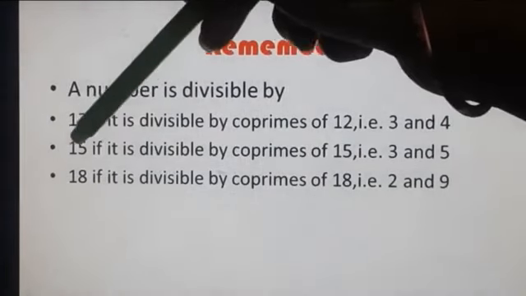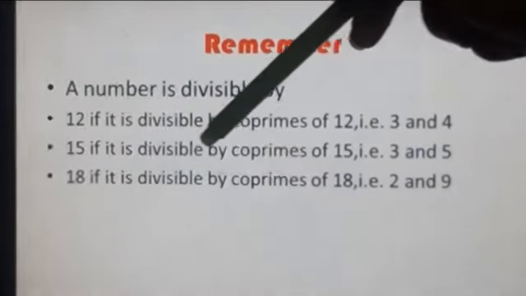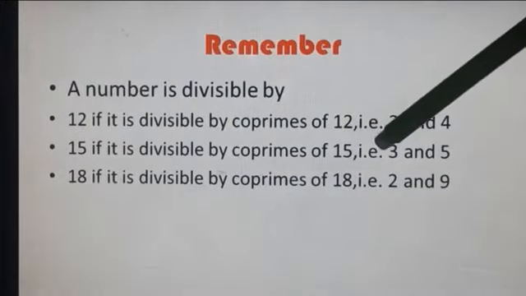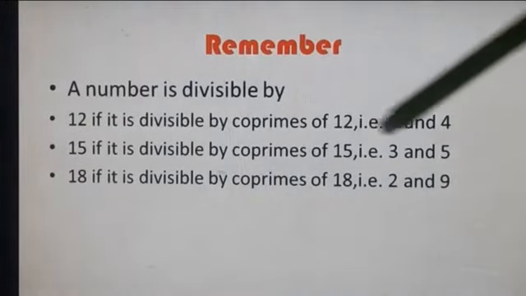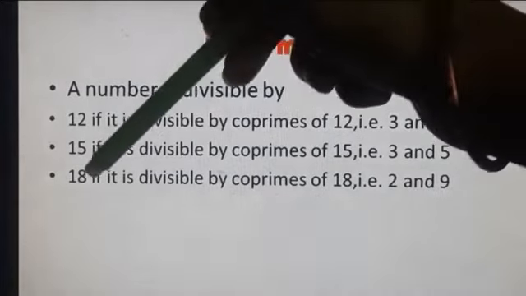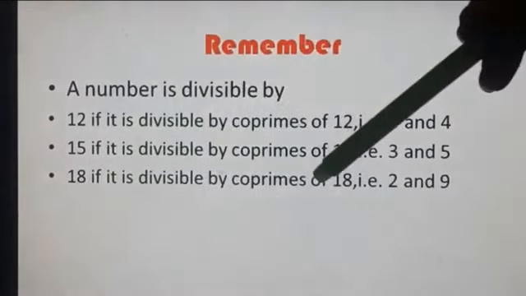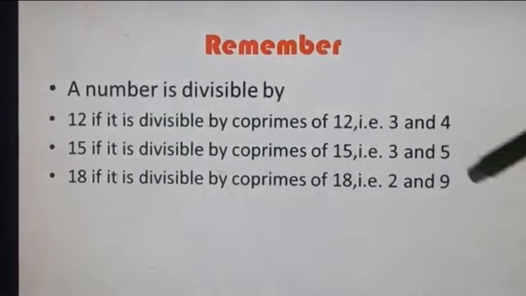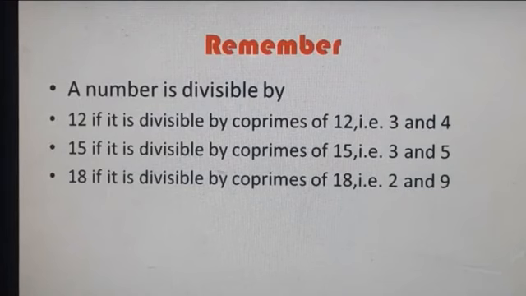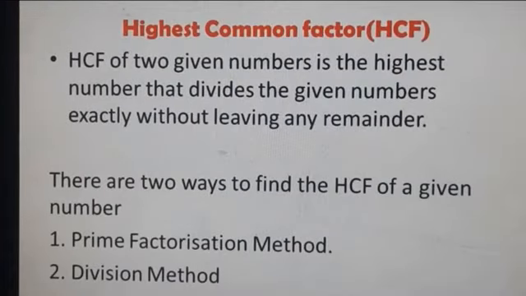A number is divisible by 15 if it is divisible by the co-primes of 15, that is 3 and 5. And a number is divisible by 18 if it is divisible by the co-primes of 18, that is 2 and 9. If the given number is divisible by 2 and by 9, then it will be divisible by 18 also. Now next is highest common factor.